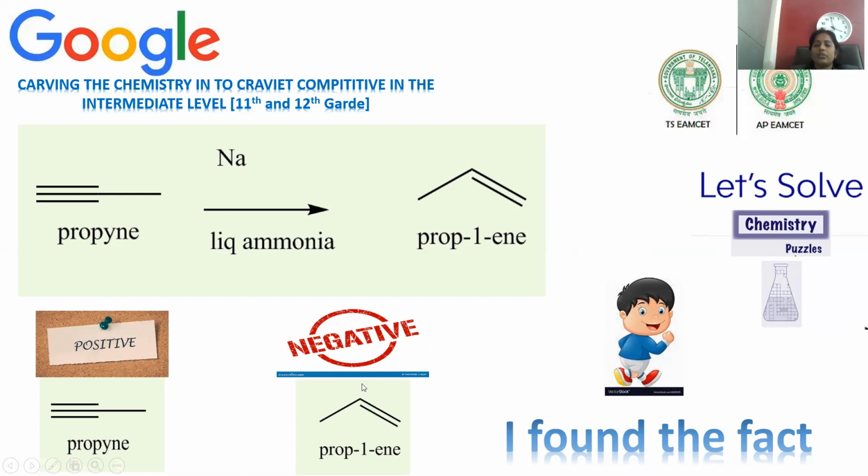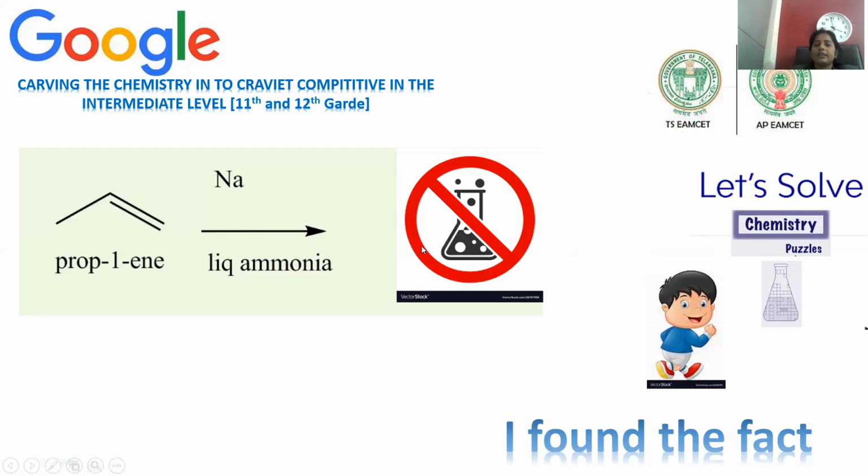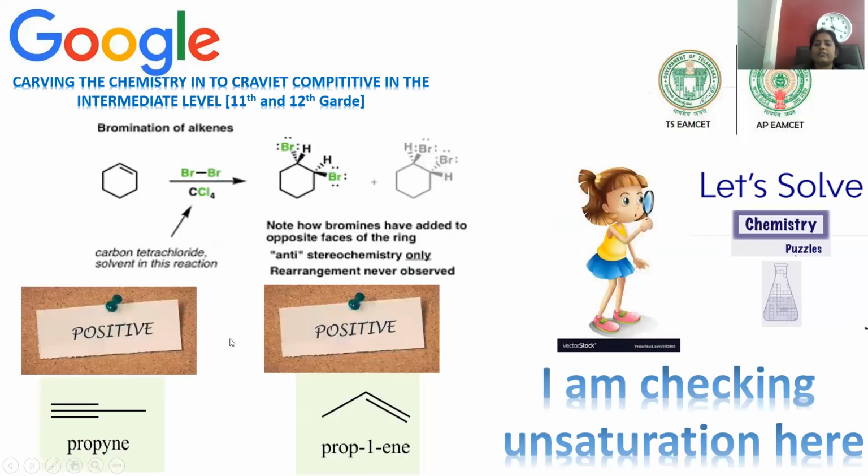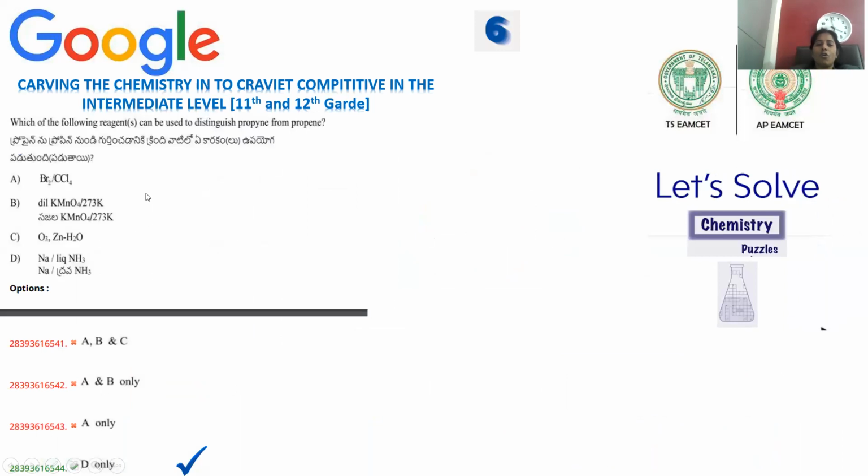So sodium in liquid ammonia is a suitable reagent for the identification of propyne from propene. One is reacting and the other is not. Only D is the right reagent to distinguish. For question number 6, option D is the correct answer.